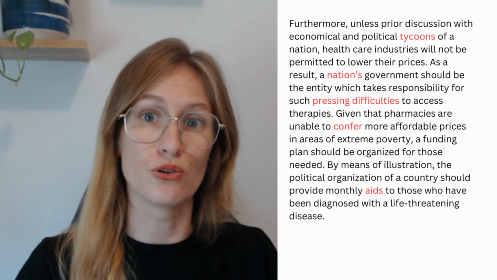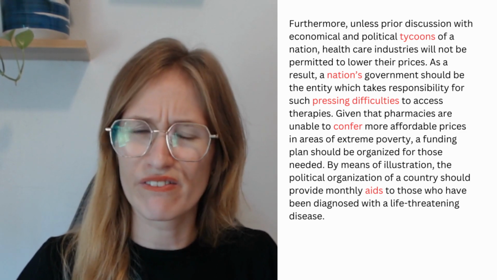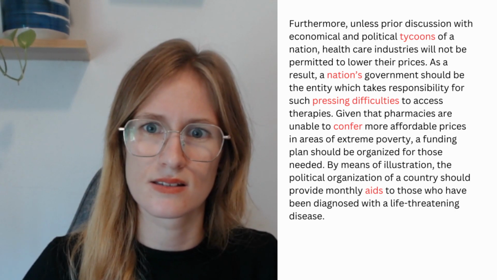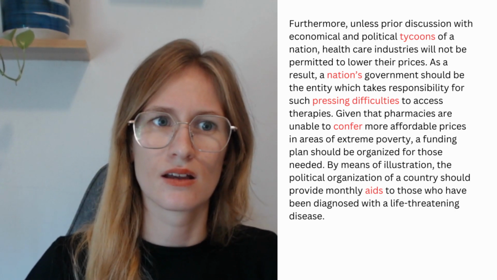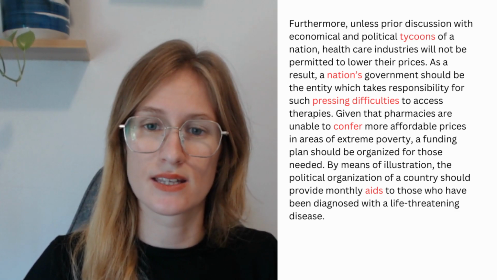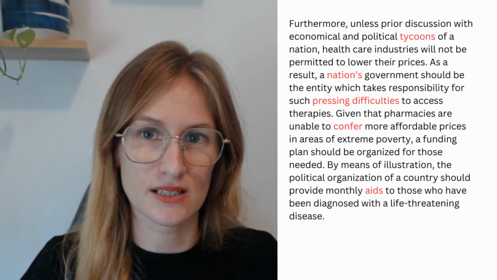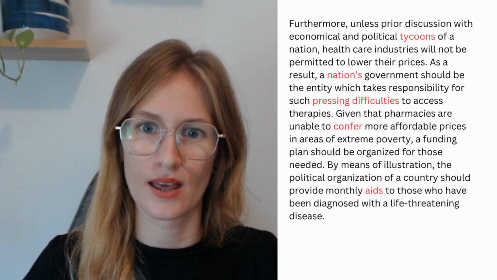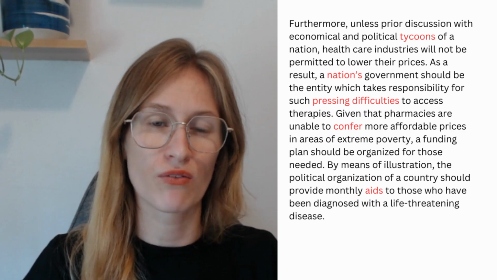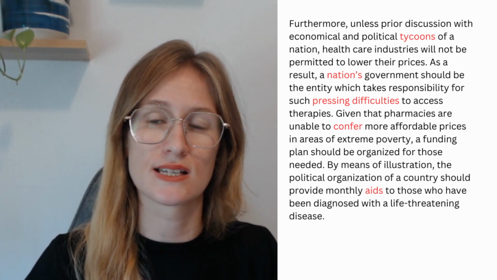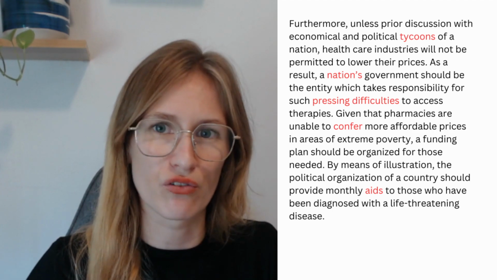Now, this is very beautiful phrasing, but very vague. What difficulties? Why not just say the entity which takes responsibility for the accessibility of therapies and medicines? Again, the student wanted to show off vocabulary, but pressing difficulties is very vague. I don't know what you're referring to.